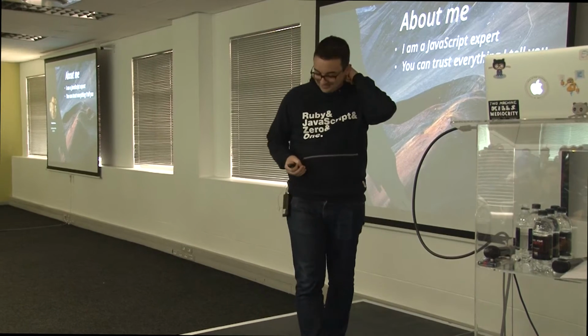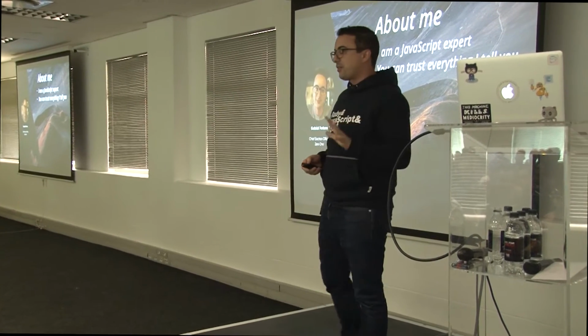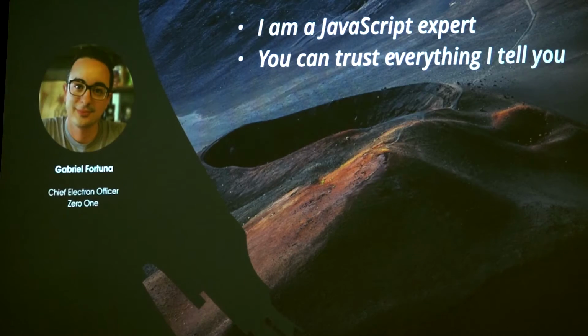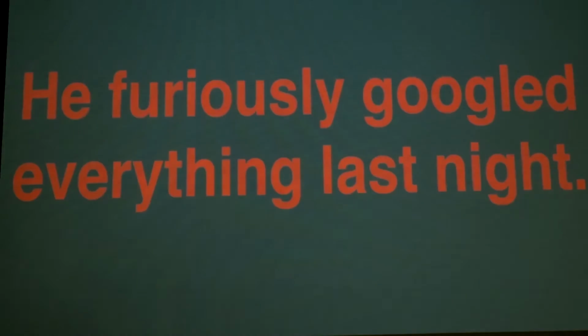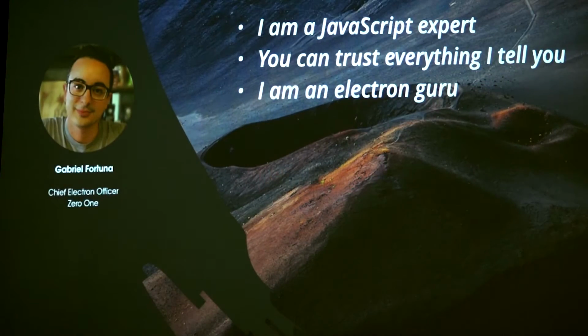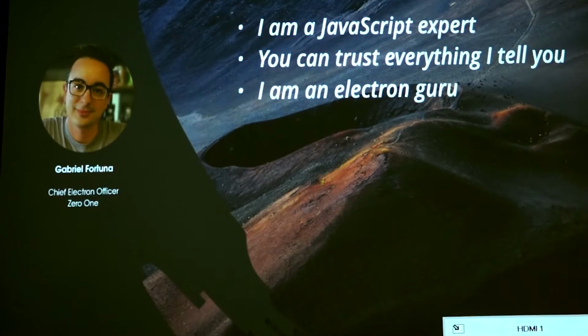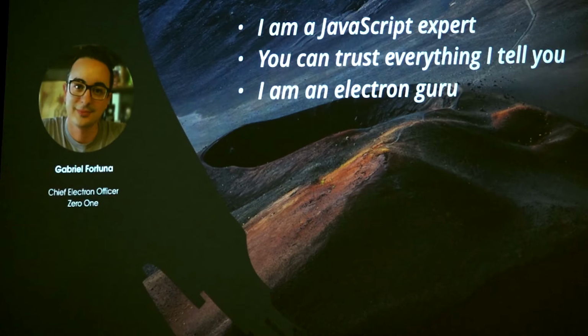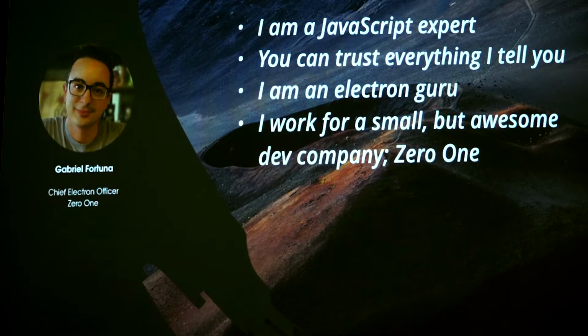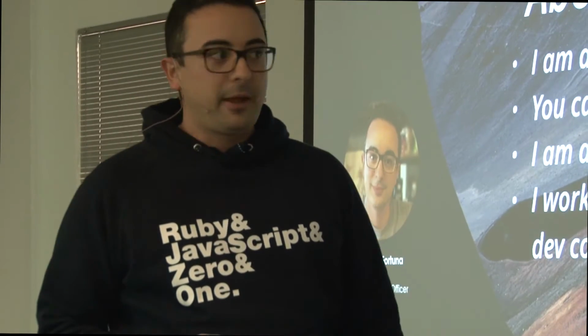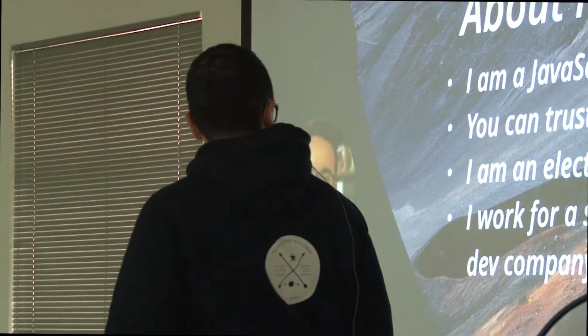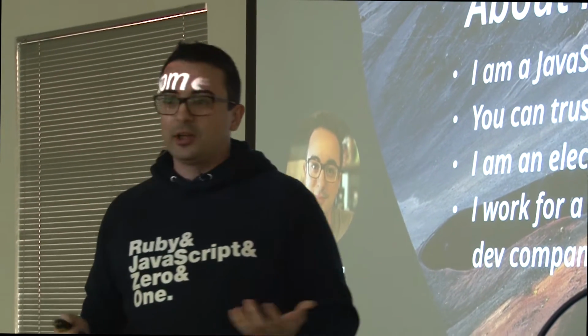Okay, the other thing is that I am also an Electron guru. And the other thing is that I also work for this company. I work for a small but really, really awesome development company called 01. Okay. That wasn't funny. All right, guys. Cool. So let's dive in.